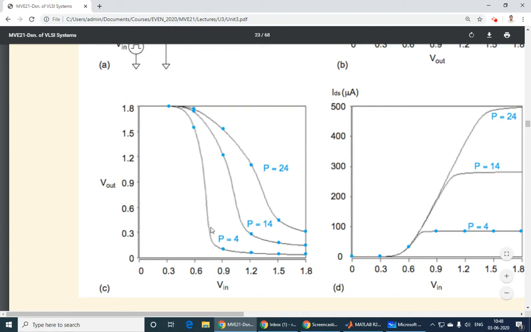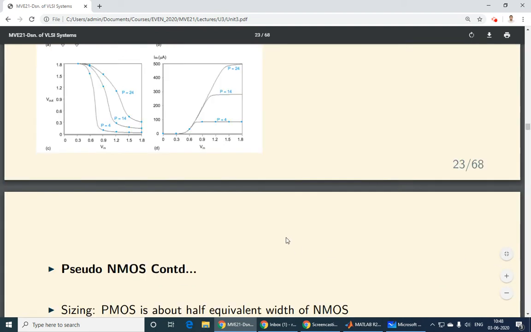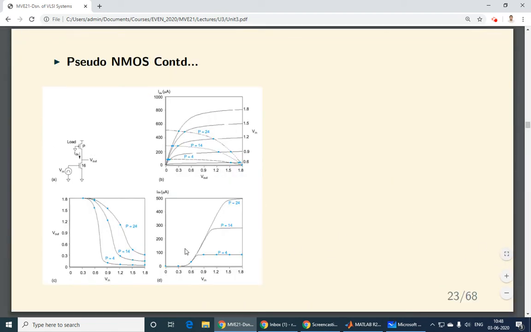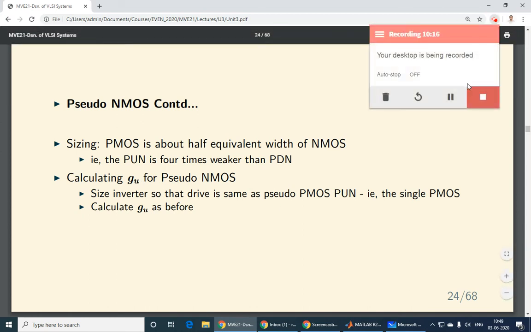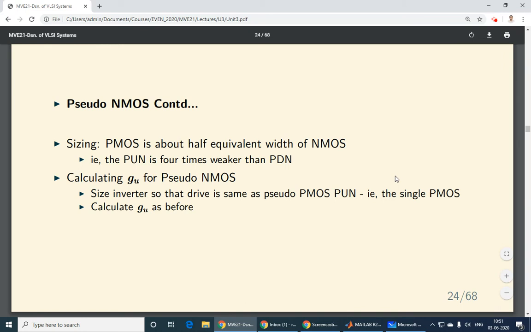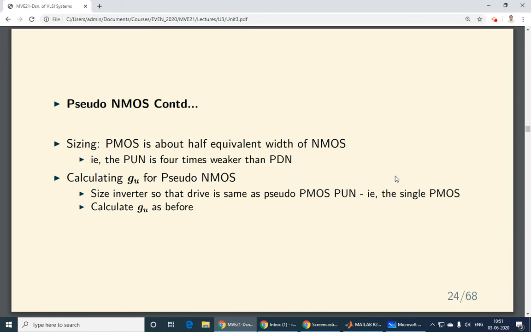So how did we decide on P equal to 4? That is the next thing that we have to see. How did we decide to put P equal to 4 and get this curve? To look at the sizing for the PMOS transistor, there are two rules we have to use for the sizing.